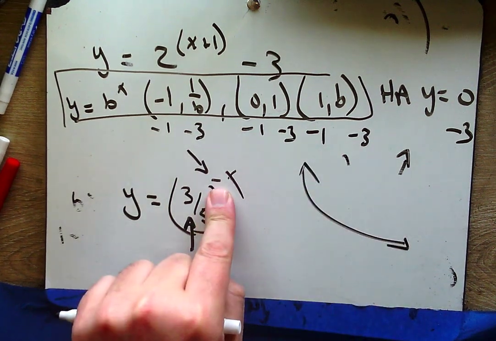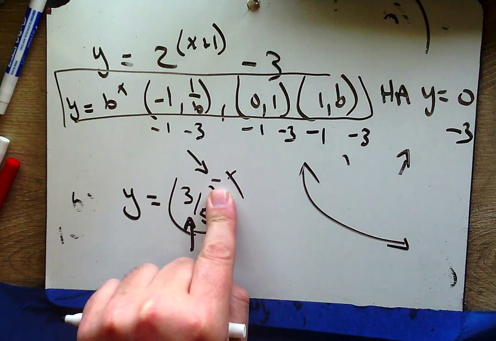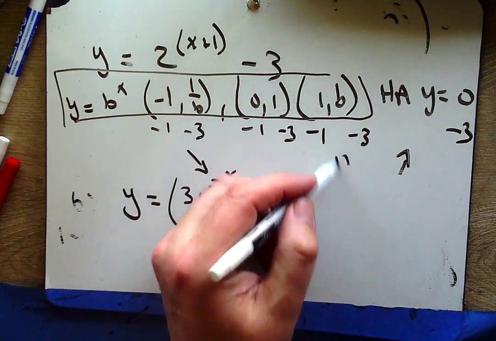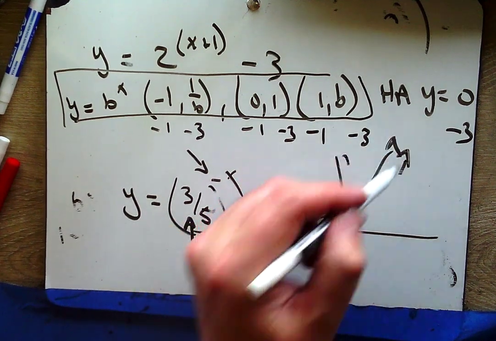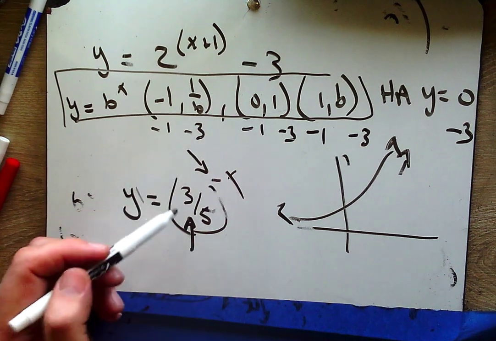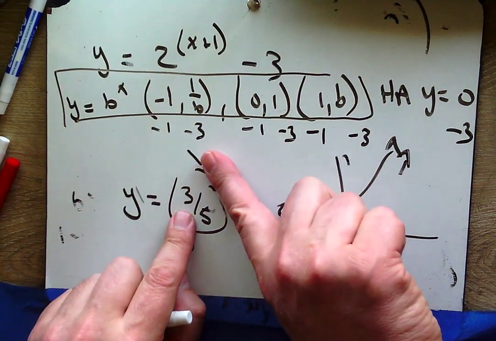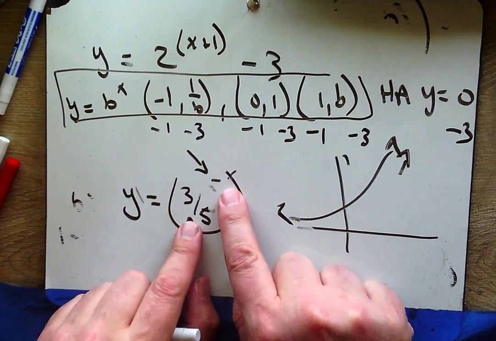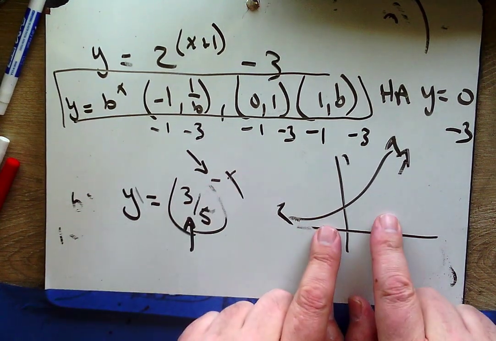But here I'm supposed to divide all the x's by negative 1. And when I divide all the x's by negative 1, the graph does this now. So this alone, decay. This alone, decay. The two of them simultaneously, growth.